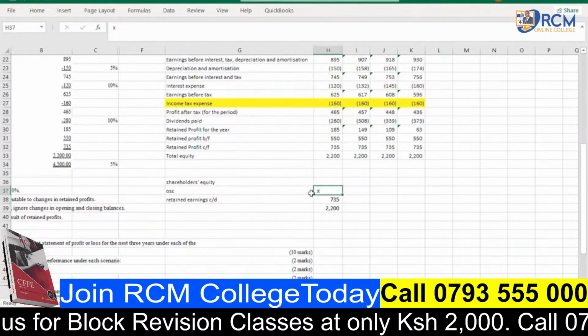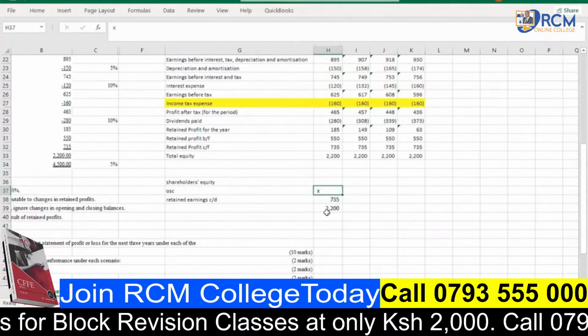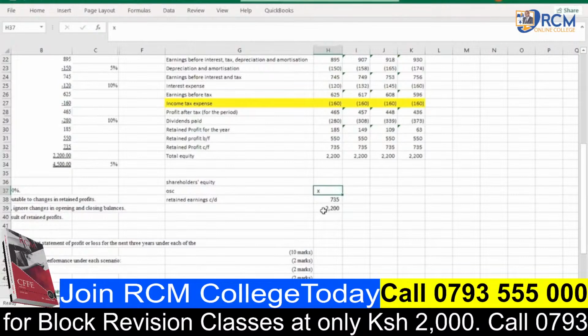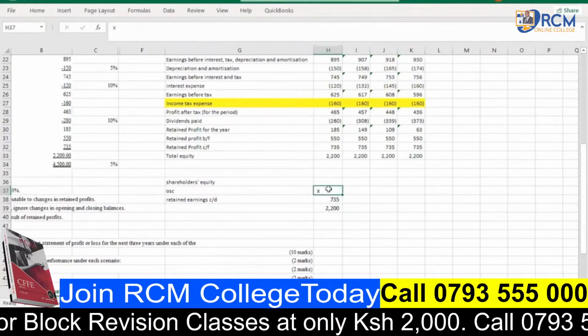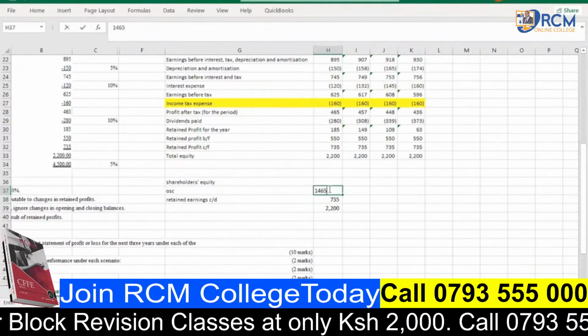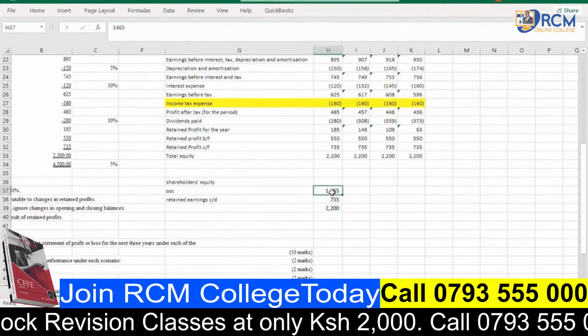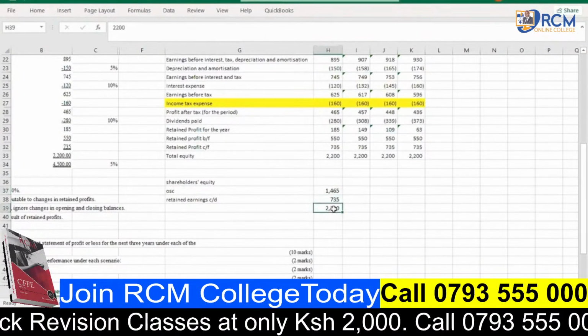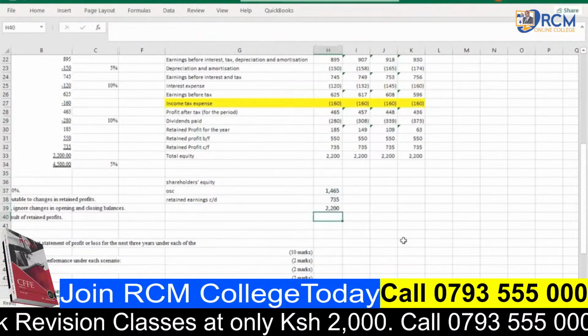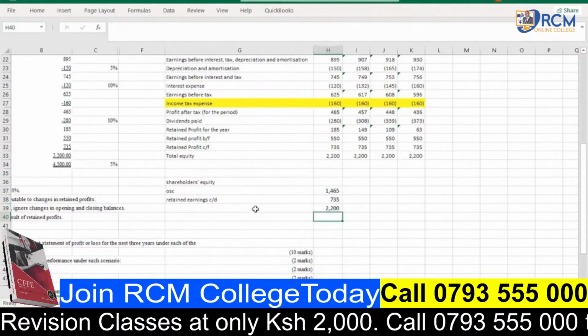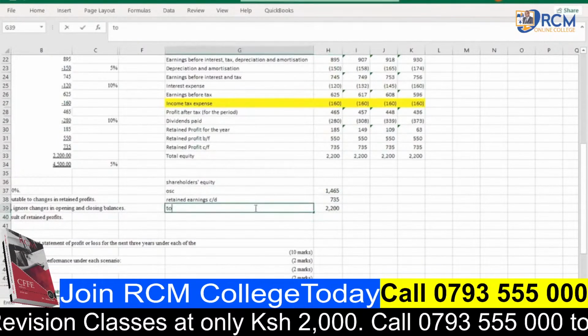Which figure am I going to insert here to help me get 2,200? It means if I bring 1465 and add these two, I will be able to get my total equity.